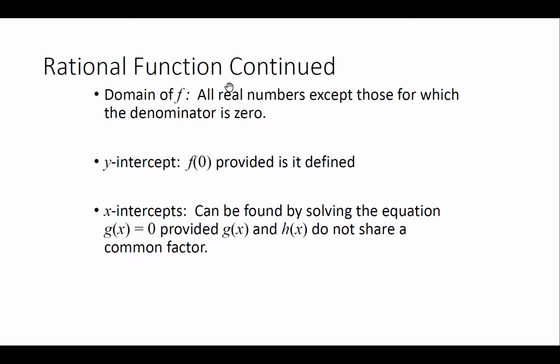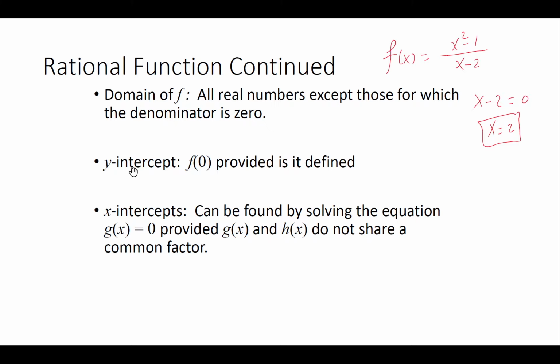All real numbers except those for which the denominator is 0 are in the domain. For example, let f of x equal x squared minus 1 over x minus 2. If I equate the denominator with 0, x equal to 2 makes the denominator 0. So the domain of this function is any real number except 2.